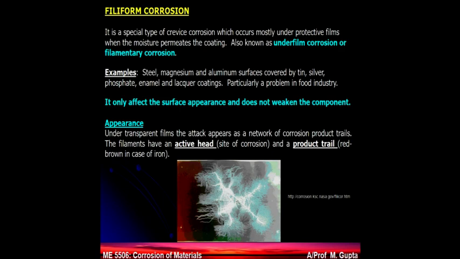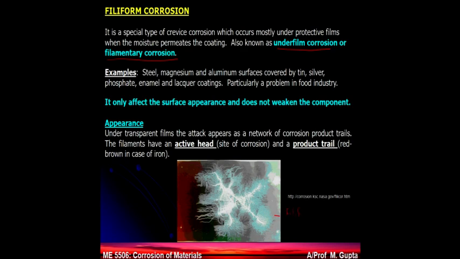There's something called filiform corrosion, which is a special case of crevice corrosion also. This kind of corrosion takes place under the coating. It's also known as under film corrosion or filamentary corrosion. What you'll see from the top is a very fascinating structure like that, which shows it's filiform corrosion.